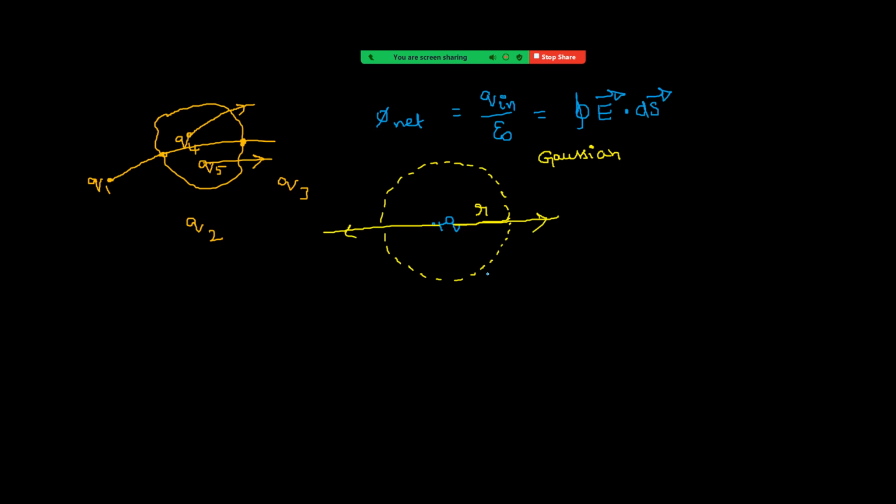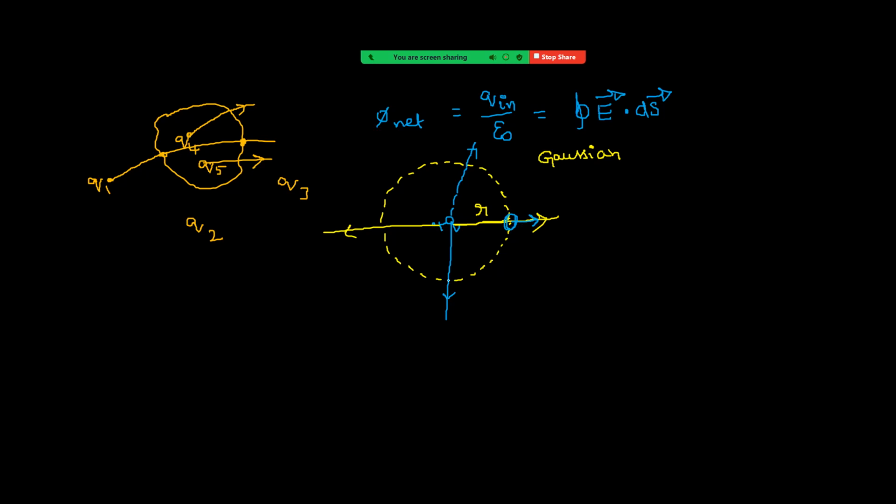If you consider a small area on the surface, at each and every point on the surface of the sphere, the direction of field is normal.